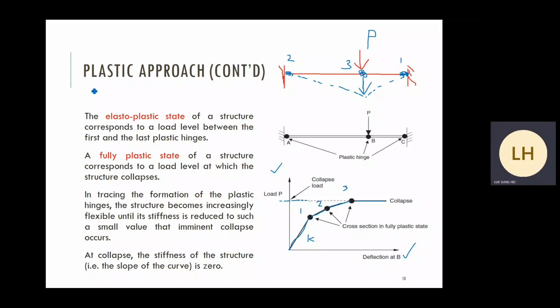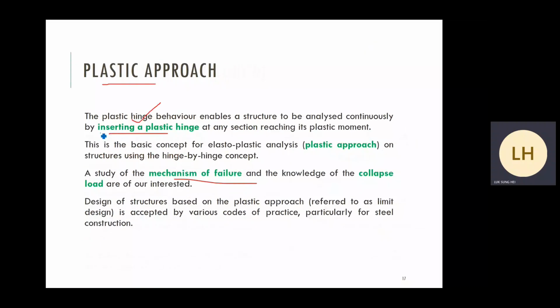This is how you can do the analysis. We call it plastic analysis. Instead of chasing the moment, shear, and displacement at different stages, you can directly assign plastic hinges at some selected cross sections, selected positions, and then try your best to find out what happens at collapse.